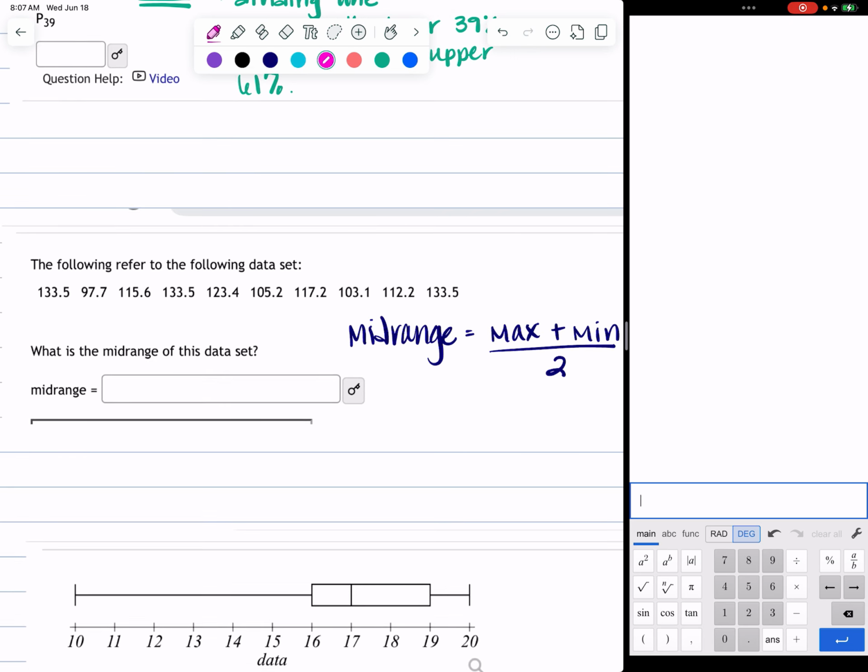So we need to go find the max value and the minimum value. It looks like our maximum value is 133.5.